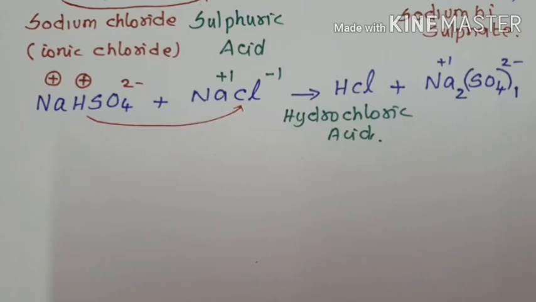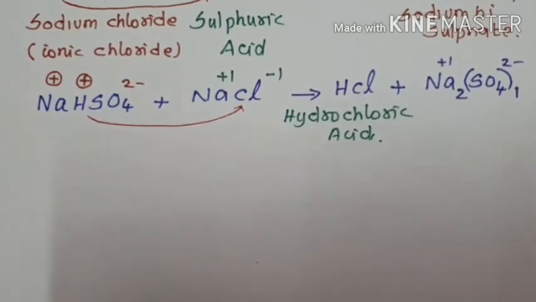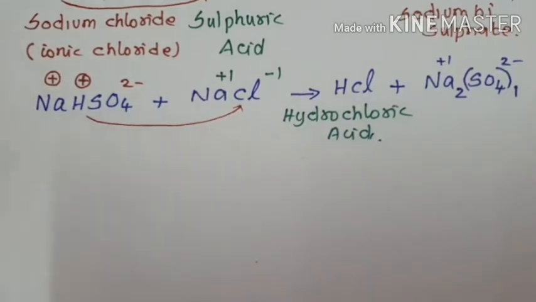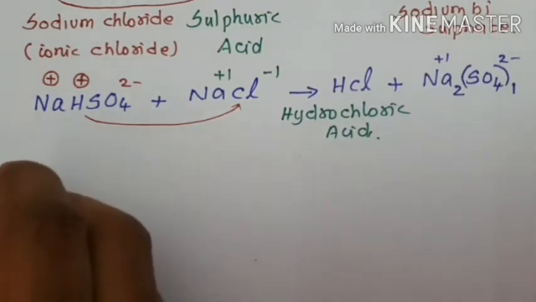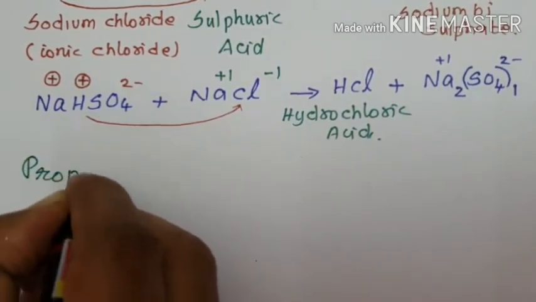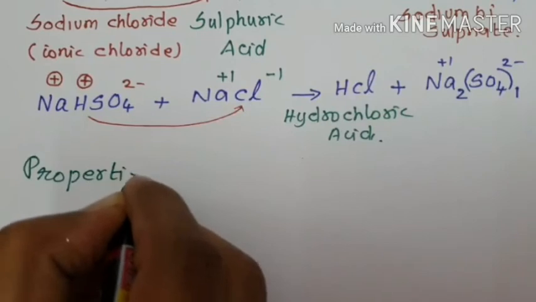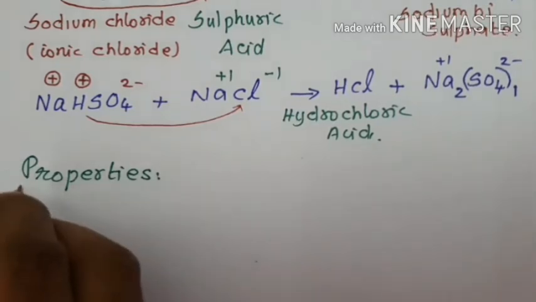According to the Lowry-Bronsted concept, an acid is one which donates a proton, and a base is one which accepts a proton. Therefore, the Lowry-Bronsted concept is also called the protonic concept.